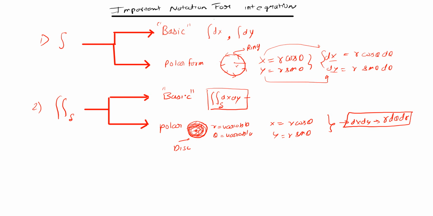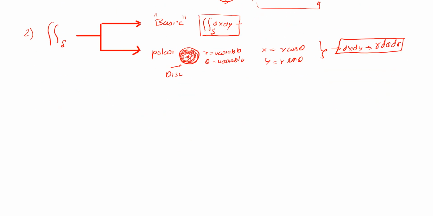Next part we are going to see volume integration. Okay, so this is the third one, volume integration. The sign looks like this. This is volume integration, or the concept of triple integration. Here we are going to see three types, or you can say four types, of condition.